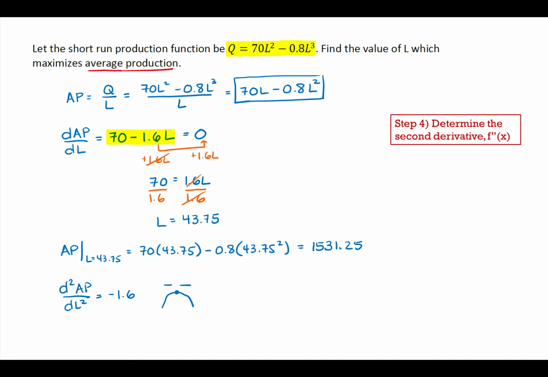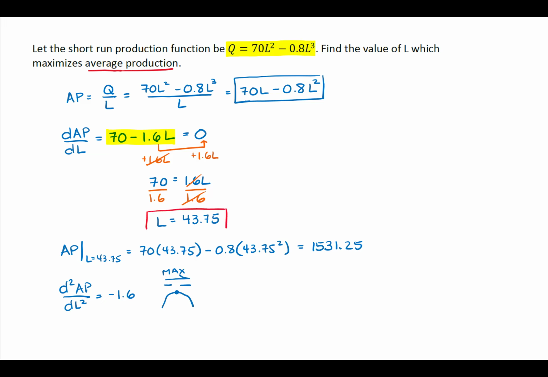And because our first derivative showed that the slope was equal to 0 right here, I can see that this is indeed a maximum. So I've solved this problem. I know that I have maximum production when L is equal to 43.75. And furthermore, I know that that maximum average production is 1,531.25. The optimization is done.